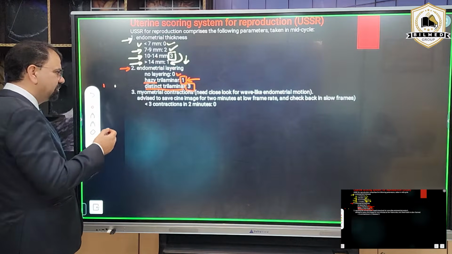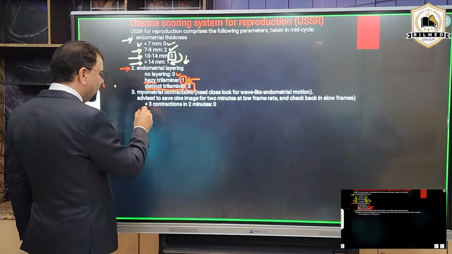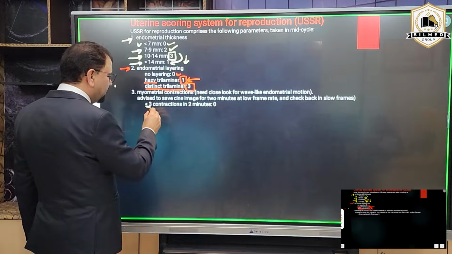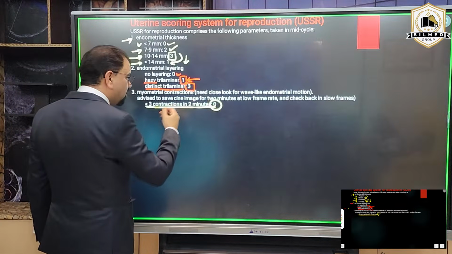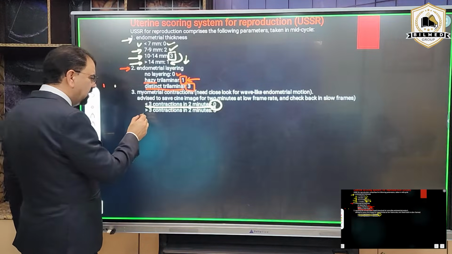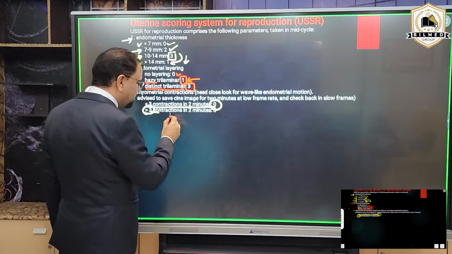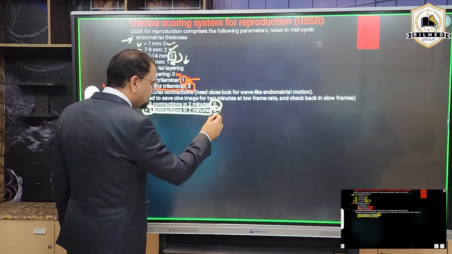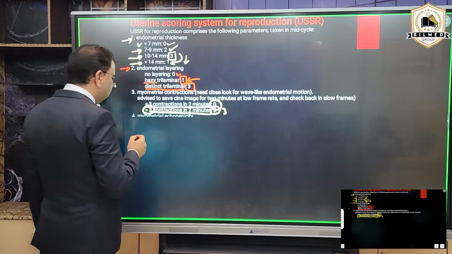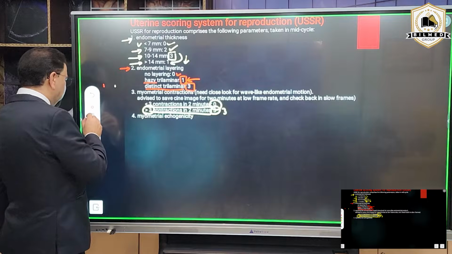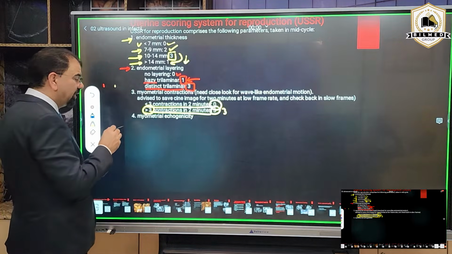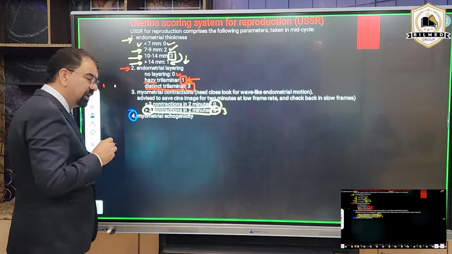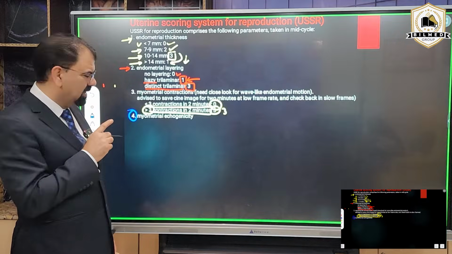If I have less than 3 contractions in 2 minutes, the score is 0. And if I have 3 or more contractions, then the score is 3. So next is the myometrial echogenicity. I am talking of echogenicity.